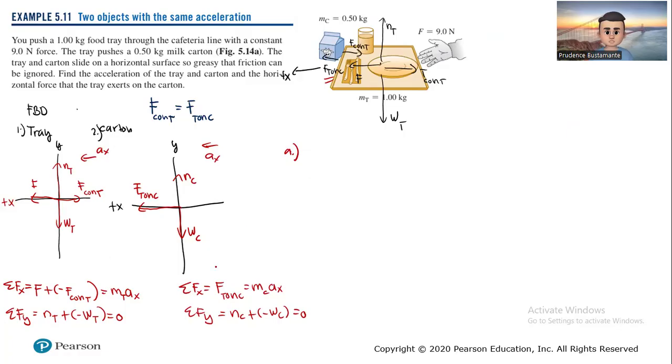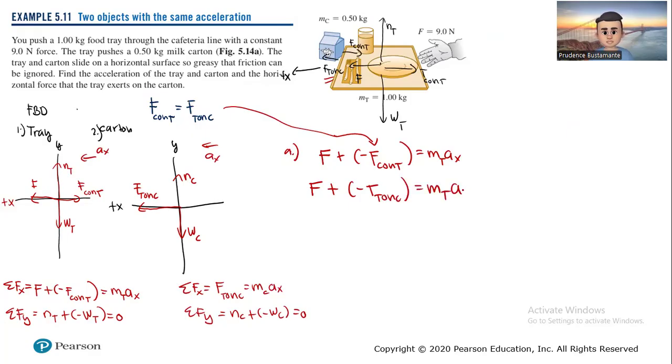Equation 1. Instead of F of C on T, it is equal to F, so we're gonna use this equation, using Newton's third law. It will now become F plus the negative F of T on C is equal to M_T times A_X.